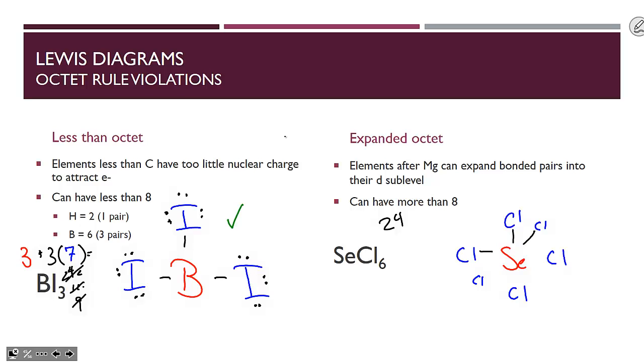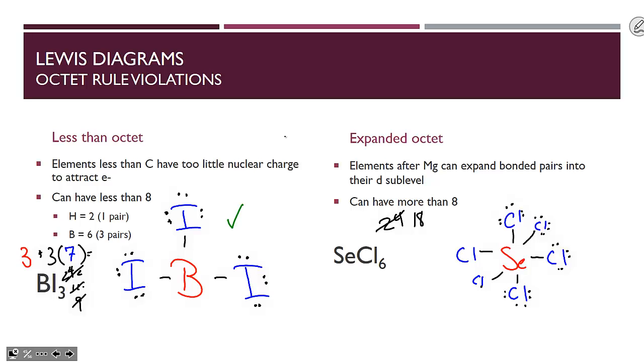Connecting them costs us 6 pairs, so of our 24, we're down to 18. And each one is going to require 3 pairs to reach its lowest energy state. So of our 18, none are left over.